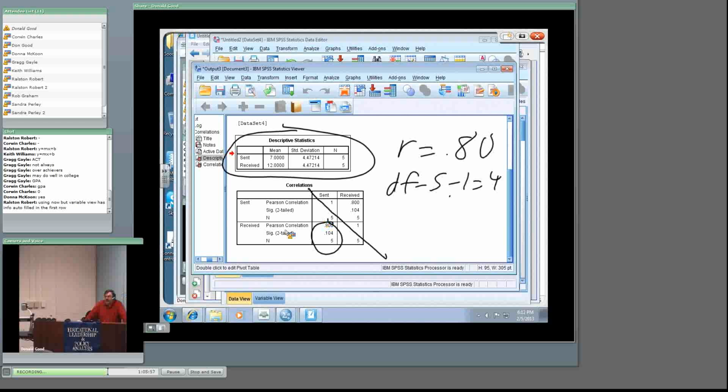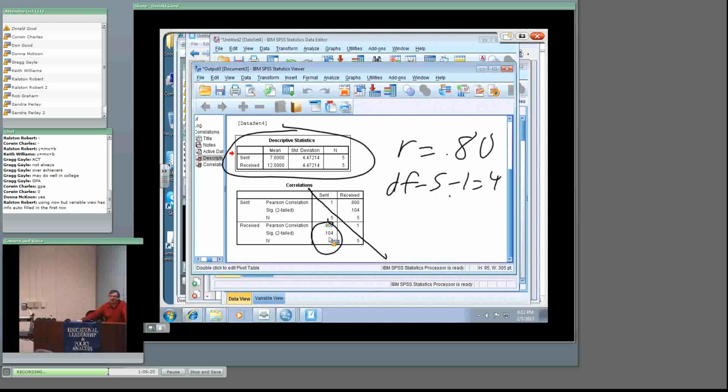I know that 0.80 is a positive correlation, but it's not a strong or a significant correlation. Because I know, here's how you tell. There is significance if this number is less than 0.05.